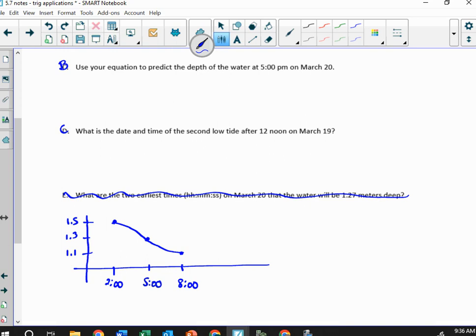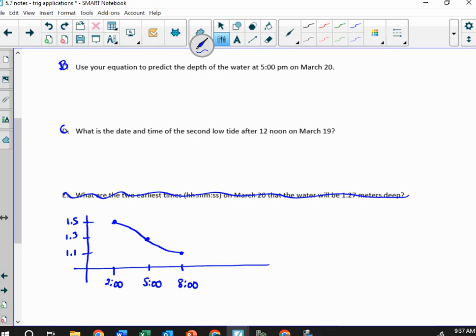So guys, you can certainly do a lot of this, like you can plug it in and use your calculator and all of that. But with the period being 12 hours and this being time related, it's actually pretty simple. So use your equation to predict the depth of water at 5 p.m. on March 20th.